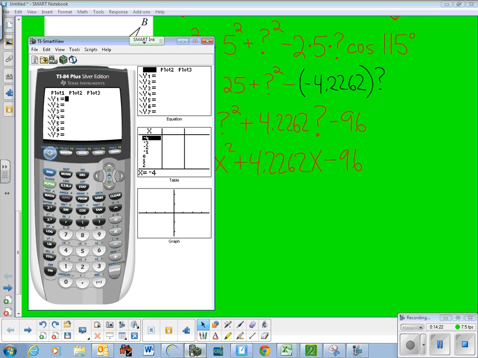I'm going to get my calculator, and I'm going to graph x squared plus 4.2262 x minus 96. Look at its picture and see where it equals 0. That's what the quadratic formula does anyways. It tells you where something equals 0.